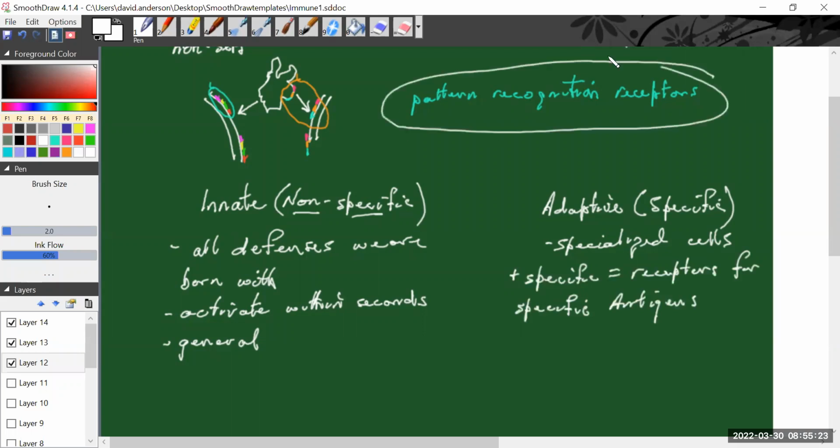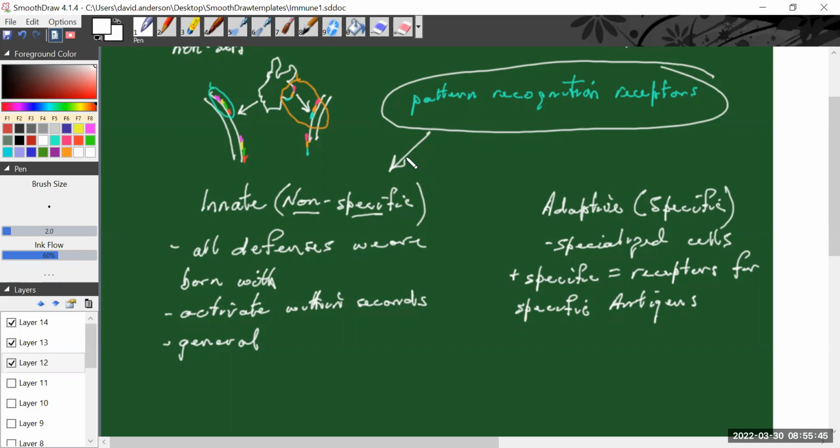Whereas in our non-adaptive, we've got pattern recognition receptors that are basically set up to recognize the difference between self and non-self. So it's very general. It's very important, but it's very general. Whereas in the adaptive or specific version of the immune system, we've got cells that are specific.